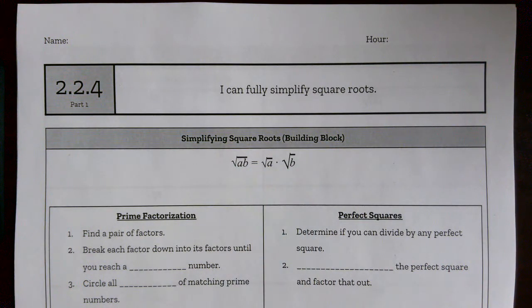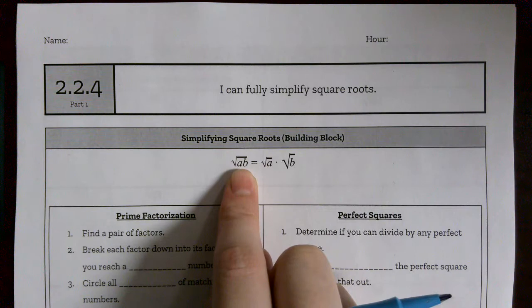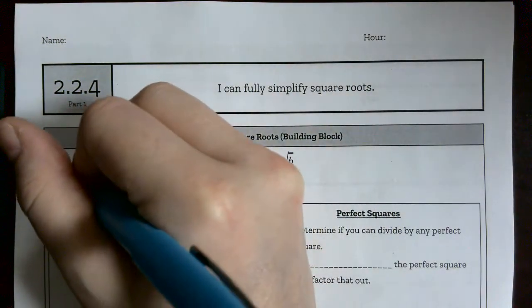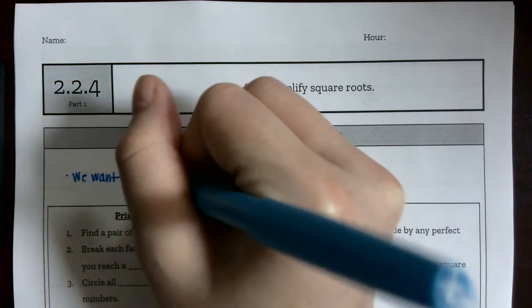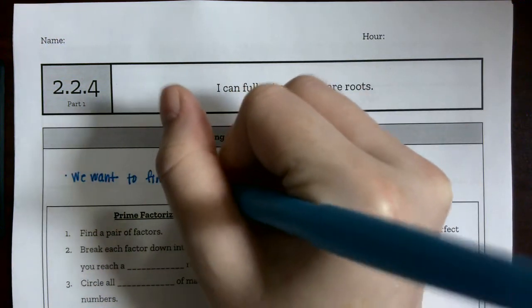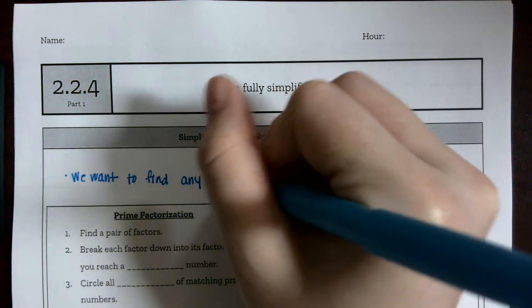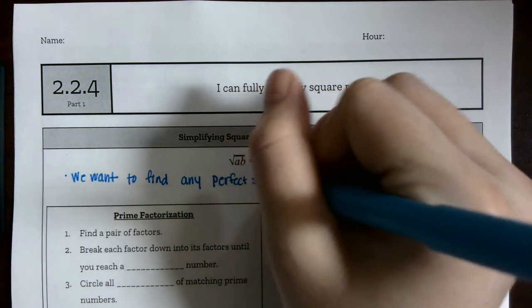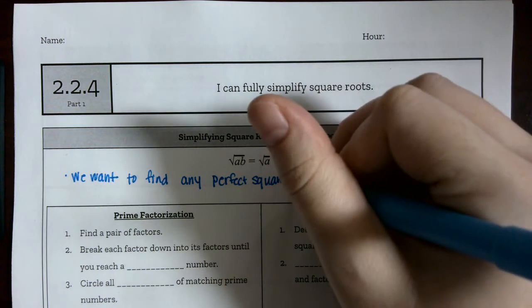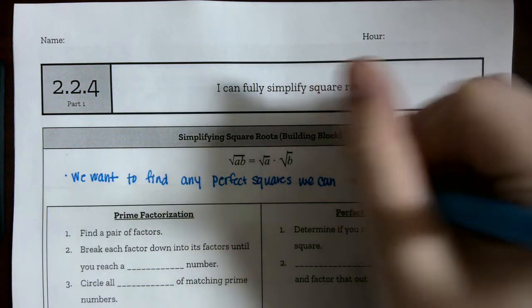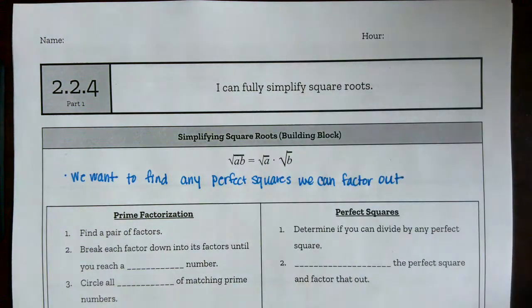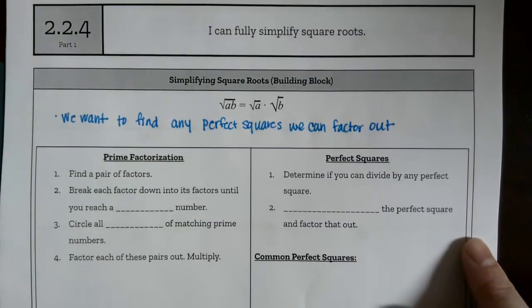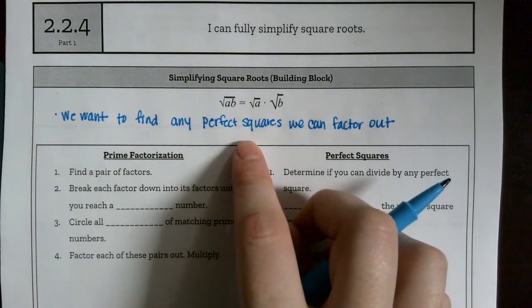So all that means is that when we are simplifying square roots, we want to find any perfect squares we can factor out. And perfect squares are something that when you take the square root, you get a whole number.